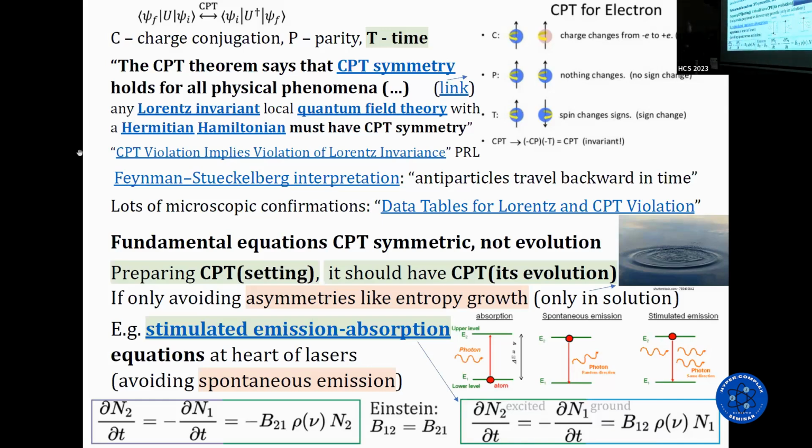For example, we live relatively close to the Big Bang, which had low entropy, so it created this entropy growth we are observing. But fundamentally, the equations should be symmetric. And here are the examples. I'm talking a lot about these stimulated emission and absorption equations governed by these two equations, which are just symmetric, and which switch sides from the CPT perspective.